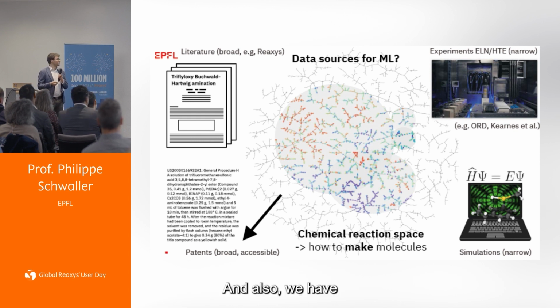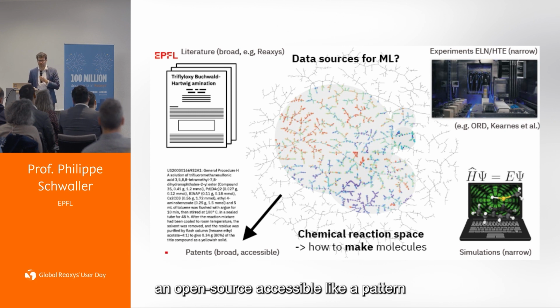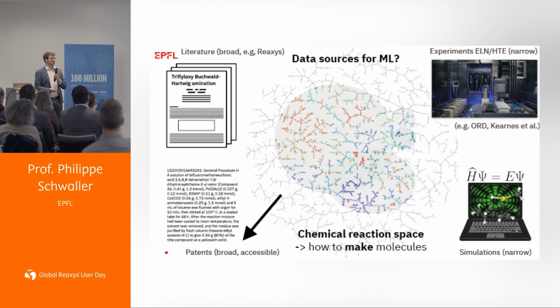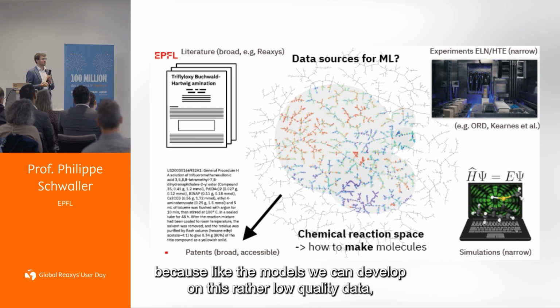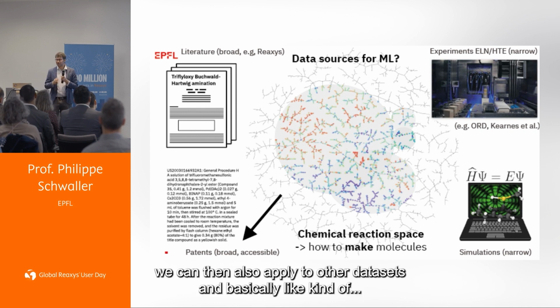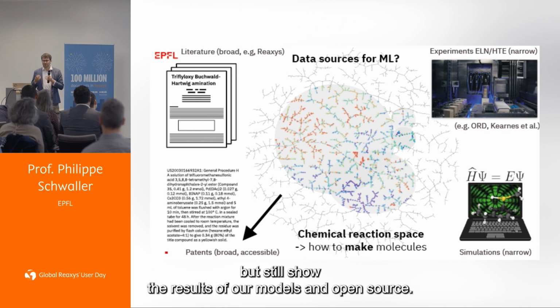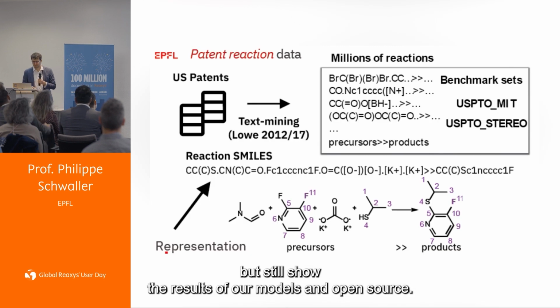Also, we have openly accessible patents, and I find this a great source because the models we can develop on this rather low quality data, we can then also apply to other data sets and show the results of our models in open source.